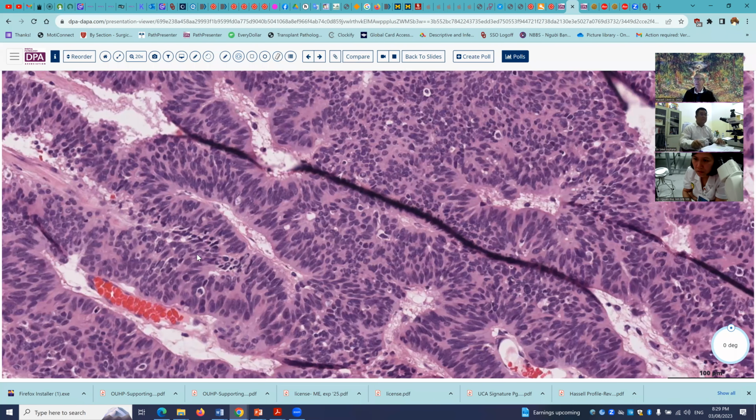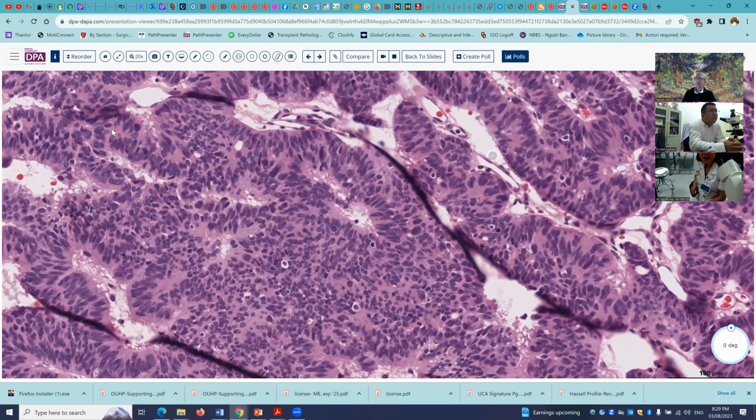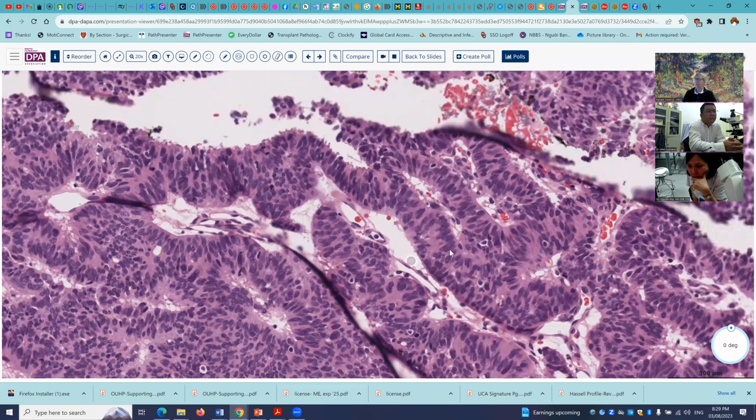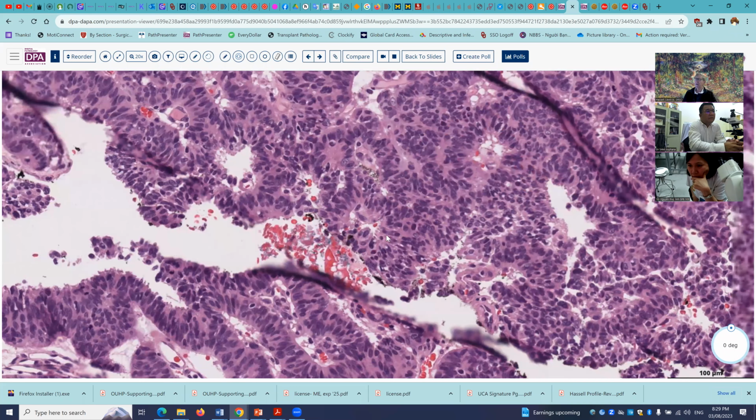There's more pleomorphism. There are quite a few mitotic figures and certainly some apoptotic bodies here in this lesion. So differentiating this as a grade 3 well-differentiated neuroendocrine tumor versus neuroendocrine carcinoma: the person who gave me this case said they felt that it fit better with neuroendocrine carcinoma.